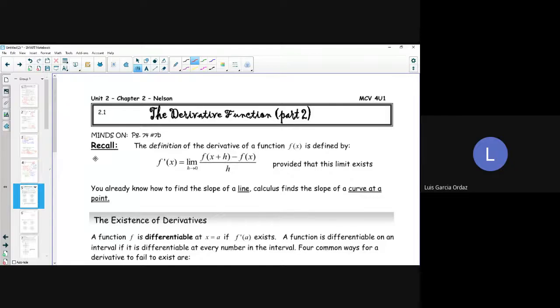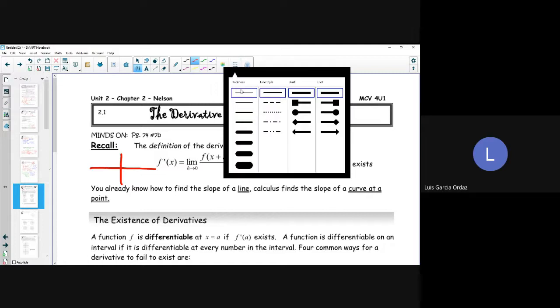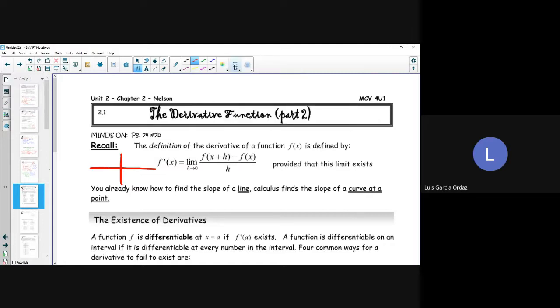Calculus, say we have a graph. So let's just say we have a graph. Let's just say our curve looks something like this.